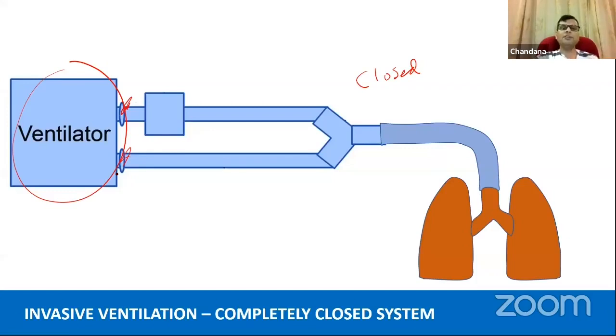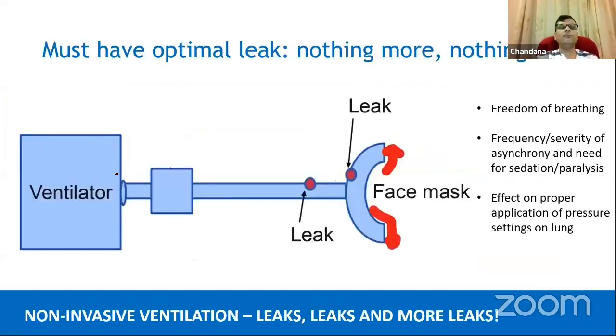Whereas in non-invasive ventilation, there are a lot of leaks, and you get compulsory leaks to wash out the carbon dioxide in the exhaled gas. You can't stop all the leaking through the mask, and sometimes you have leaks in the tubing, deliberately made for exhalation.